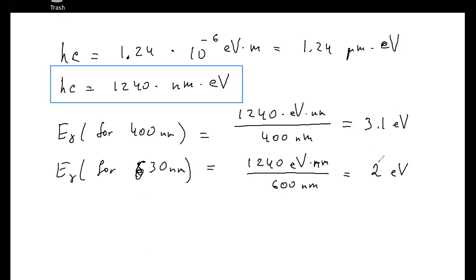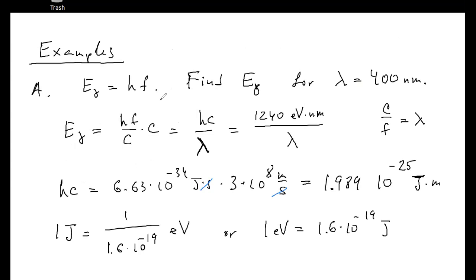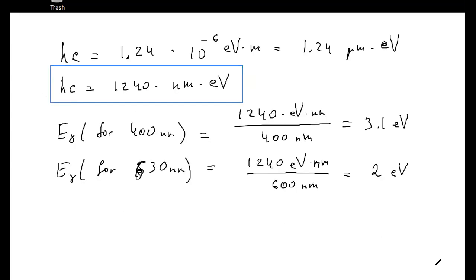It corresponds to 2 electron volts. It's less energy than UV light, but what if you have longer wavelengths? The energy will be less, yeah? This would be infrared photons. If you look back through example A, does it all make sense? Do you have questions? So far so good, yeah?